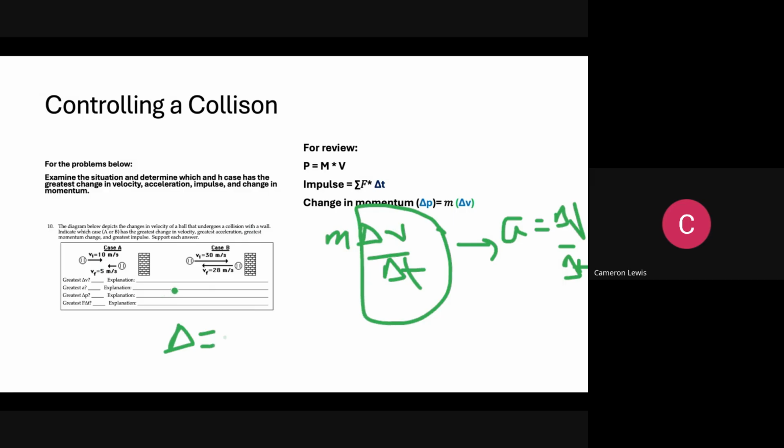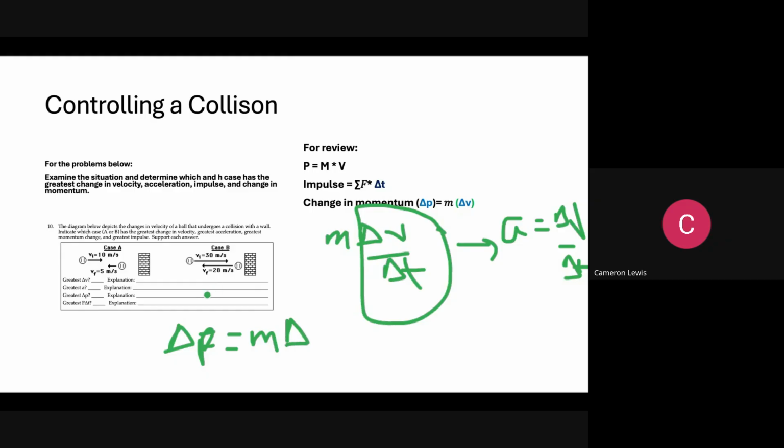Change of momentum is equal to what? PF minus P1, and it's also equal to mass times change in velocity.